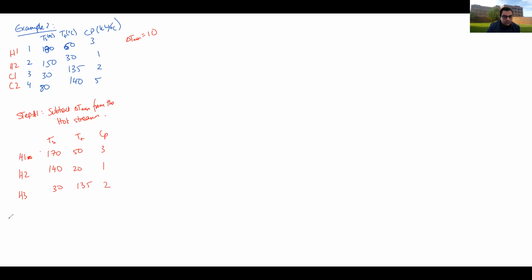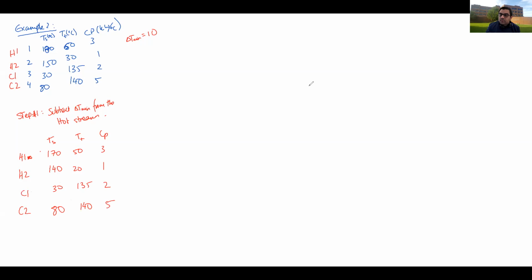Sorry, this is not H3, this is C1. Just be careful. It's a tedious process, so you tend to go into some sort of strange autopilot mode where you make a lot of mistakes. So C2 now is 80, 140, and 5. Okay, so these are my streams after step number 1.